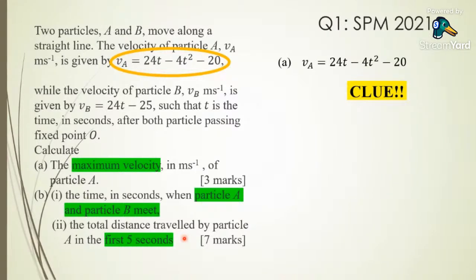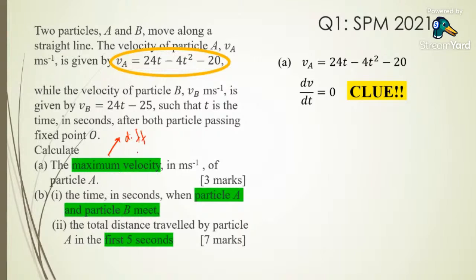The clue will be dv/dt equals 0. If we say maximum, or maybe later on you will see minimum, once you see maximum, automatically you differentiate. I write it as diff, everyone understand?